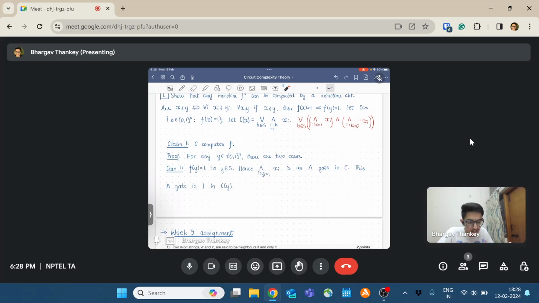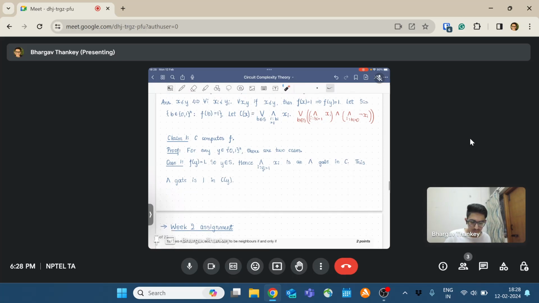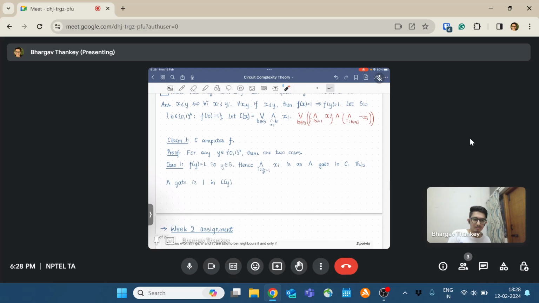Yes. Let's say we have an OR gate at top and we have as many AND gates as the number of values for which the function outputs one in the truth table. For each of the AND gates, the corresponding string is the input which gives the output one. So I'm assuming the circuit has three layers.